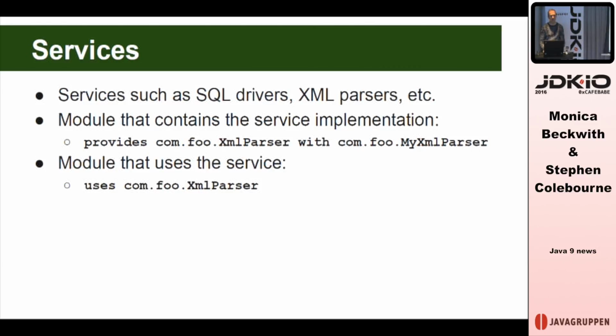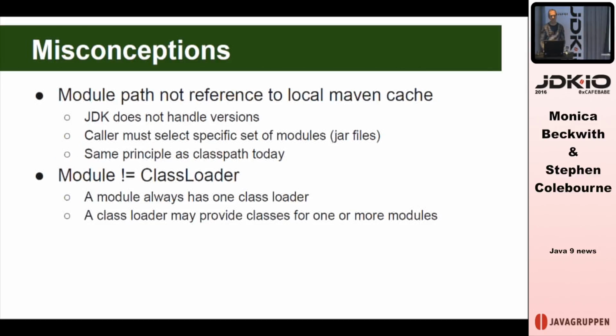So what you can say in your module info is that I'm providing the service com.foo.xml parser using the class myXML parser. And then the one that's using the service says, I use XML parser. So this allows the modules to declare specific dependencies on these services, and that's separate from the other stuff to do with exporting.